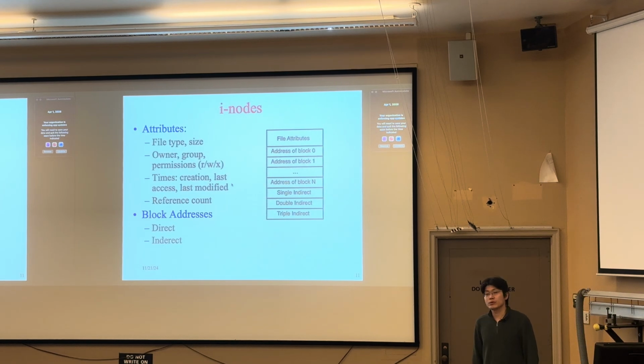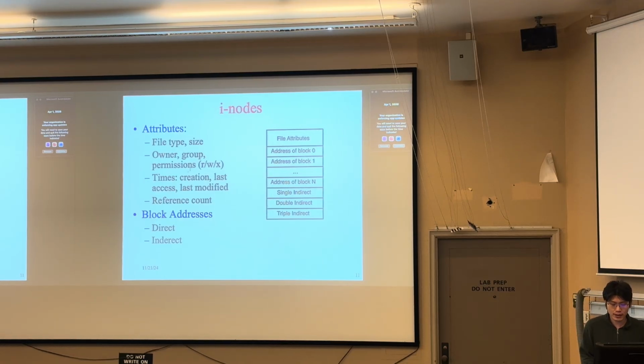So this is inode. Every file has one inode data structure. So these are its attributes. You have a file type, size, owner, etc. These are just metadata. But the most important thing is this table. You have the list of all the blocks that belong to this file.